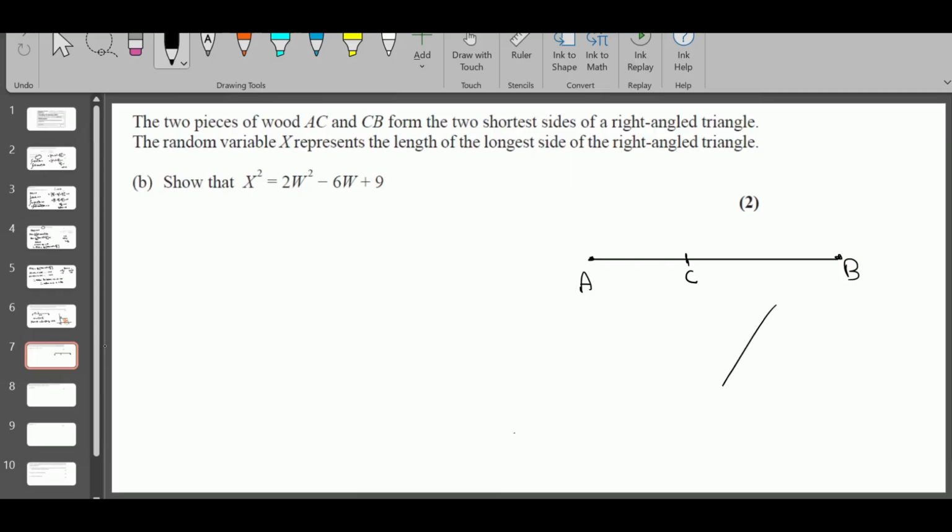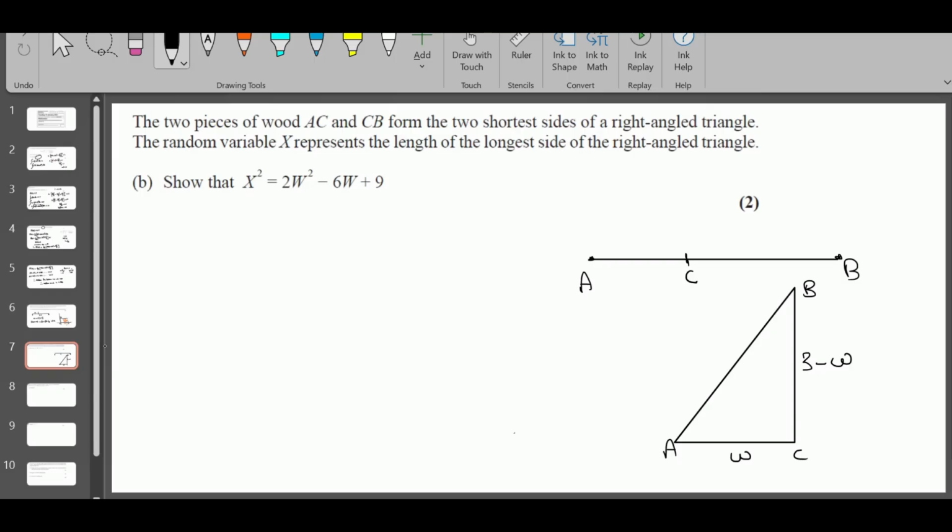Okay, let me try to draw a right angle triangle. Okay, let's say this is a right angle triangle ACB, two shortest sides are AC and AB. So if this is W, this will definitely be 3 minus W because the total length is 3 meters, right?